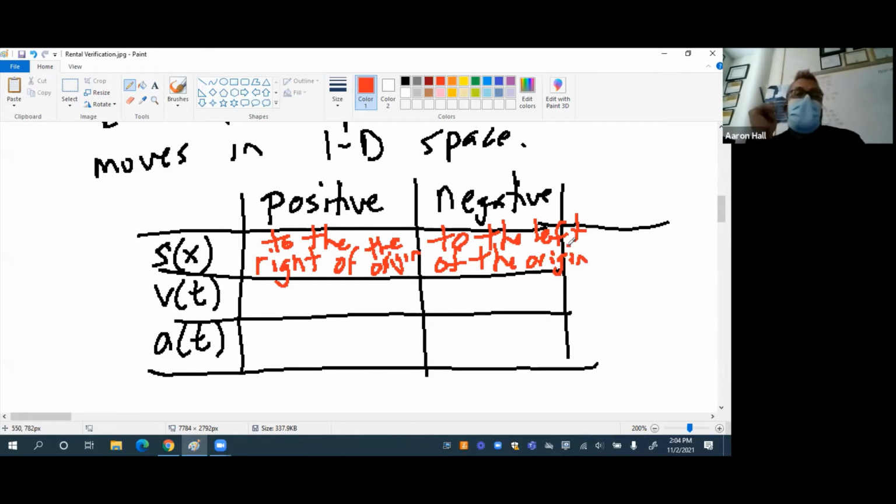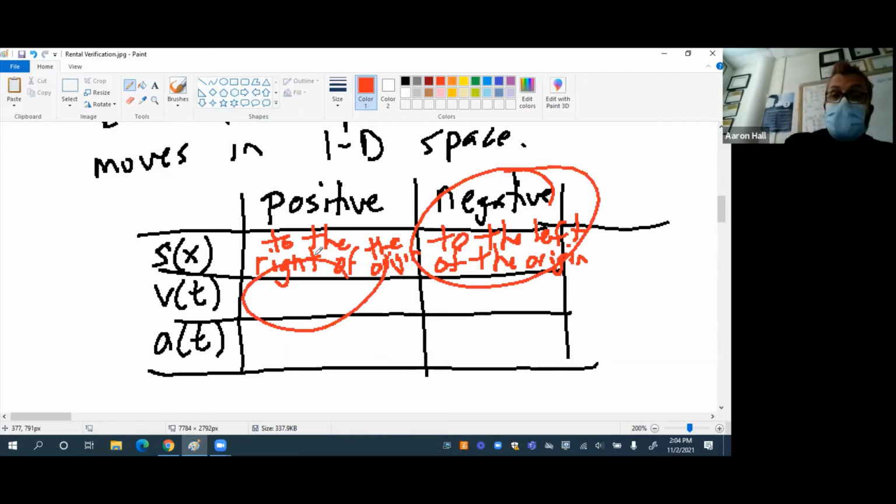Okay, what if I have a positive velocity? Any guesses what that means as far as kinematics is concerned? I'm moving to the right. I can be to the left. If this is negative and this is positive, it means I'm on the left, traveling to the right.